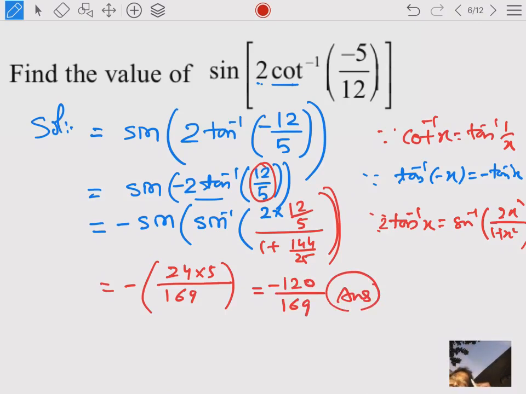So this is the way we have to write the reference of which formula we have used in this problem on the right hand side, then it will be very easy. So I hope you all understood this question also.